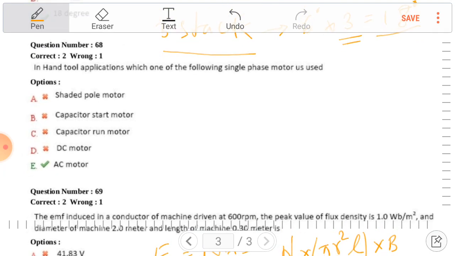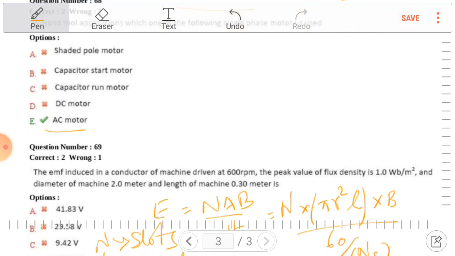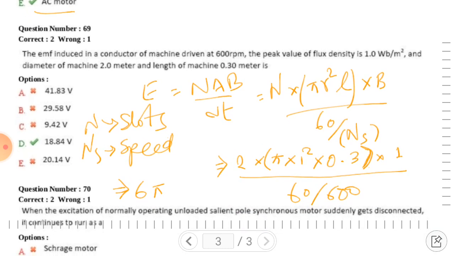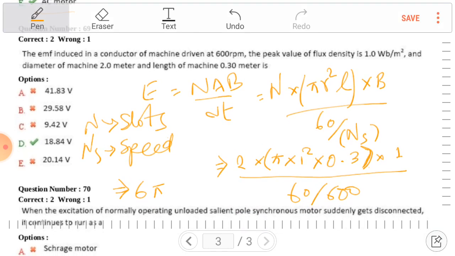In the next question, in hand tool application, which one of the following single phase motors is used? So for hand tools, an AC motor is used. This is also a numerical question. We have to find the EMF induced in a conductor of a machine driven at 600 rpm. The peak value of flux density is 1 Weber per meter square and the diameter of the machine is 2 meters. So the radius is 1 meter. The length of the machine is 0.3 meter. So the EMF formula is N B A by dt, where N is the number of slots.